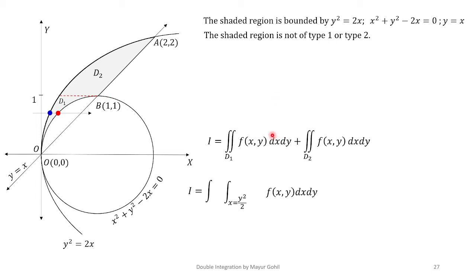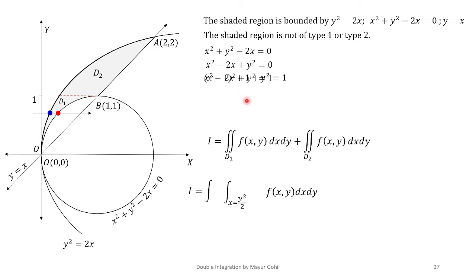Let us see. We have the equation of the circle, that is y square plus x square minus 2x equals 0. Now what we need is, because we need x equals, the entire equation in terms of x, so we will need to do the completion of the square.